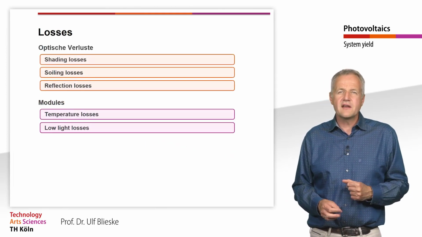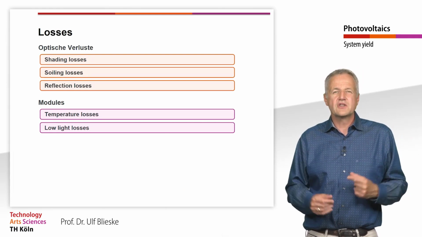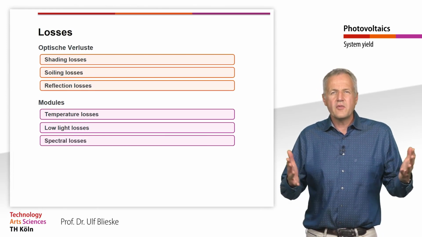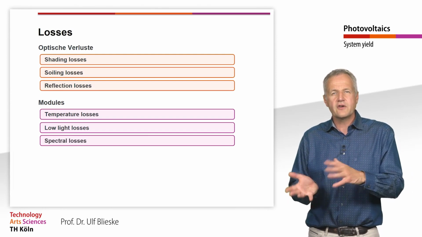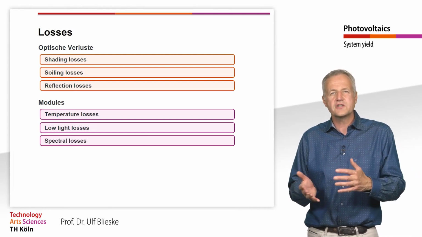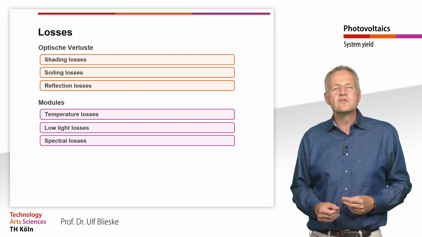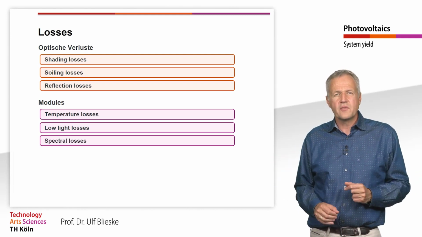For the sake of completeness, it should be mentioned that the spectrum of solar radiation also has an influence on the energy yield. The spectrum of solar radiation depends on many factors, including air mass, cloud cover, atmospheric composition, dust content, and many others. The amount of solar radiation that can be used by a particular solar cell varies with the spectrum.